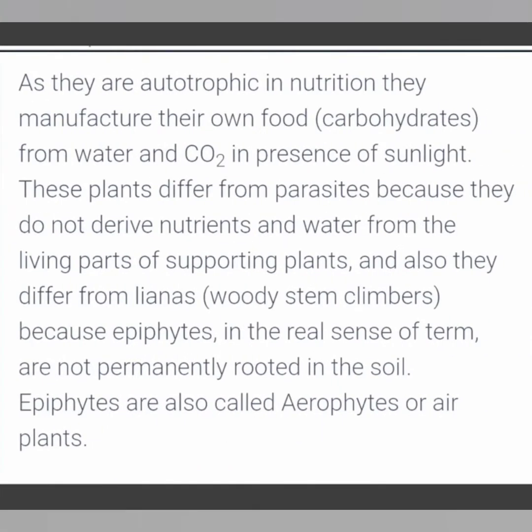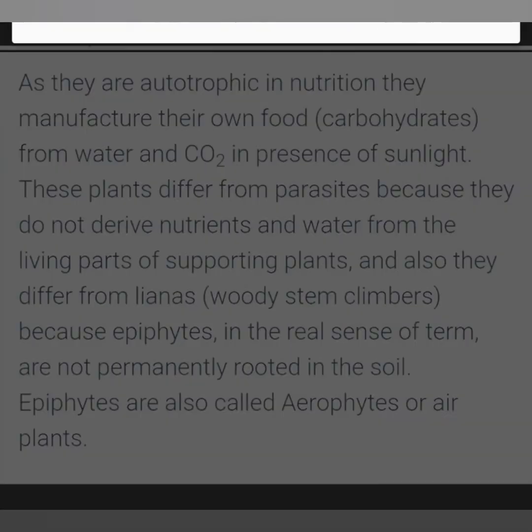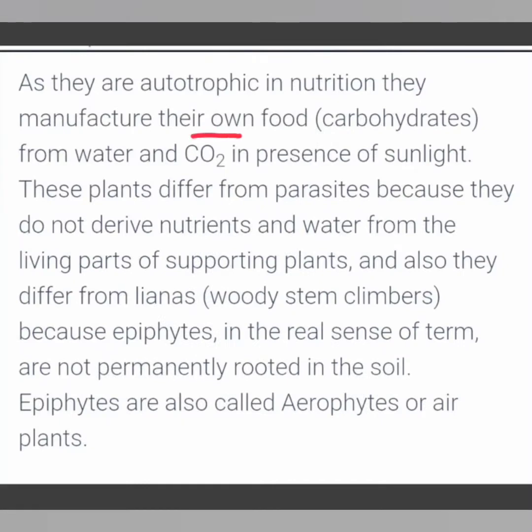And these plants, as they are autotrophic in nutrition, manufacture their own food. Remember this, they manufacture their own food from water and carbon dioxide in the presence of sunlight. Just like other plants, they synthesize their own food.